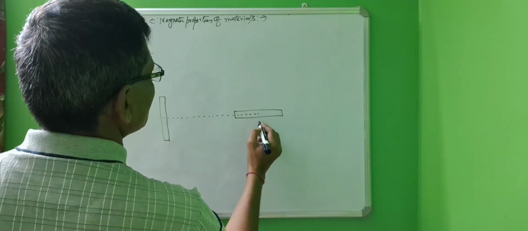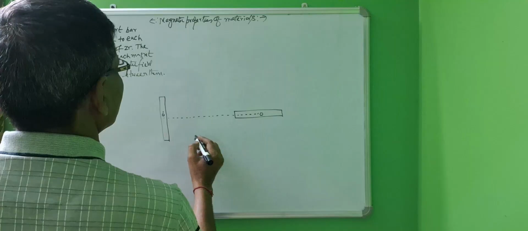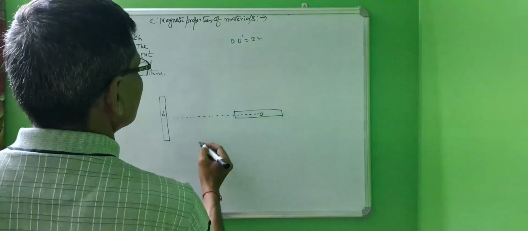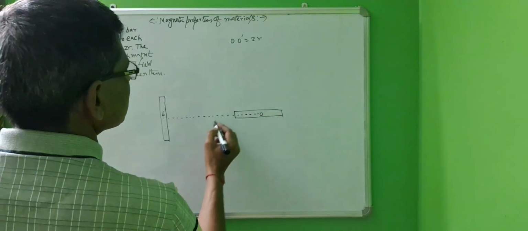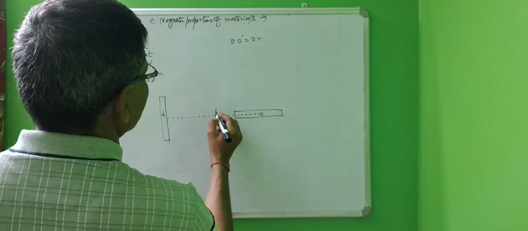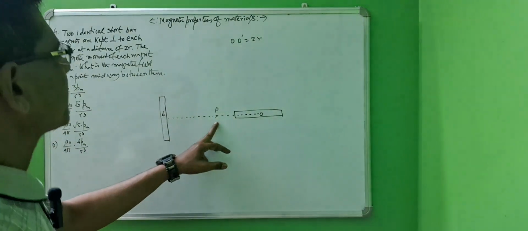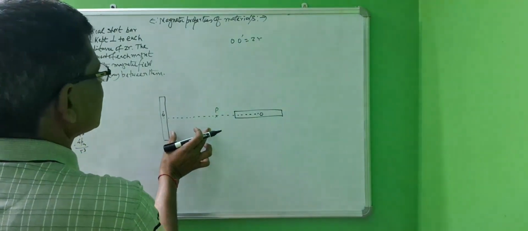Suppose this one is O and this one is O dash. So OO dash equals twice R. We have to find the magnetic field at point P, where OP equals O dash P, at distance R.